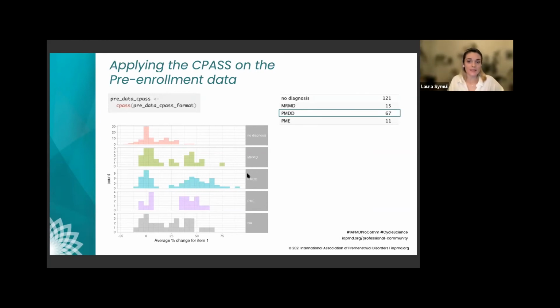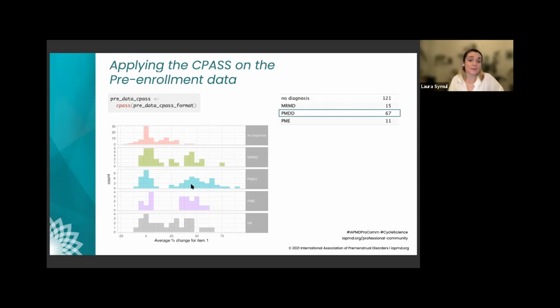And what we see is that patients with PMDD, most of them had between 25 and 75% increase in their symptoms in the premenstrual phase. But a few of them had actually no increase or even a mild decrease.